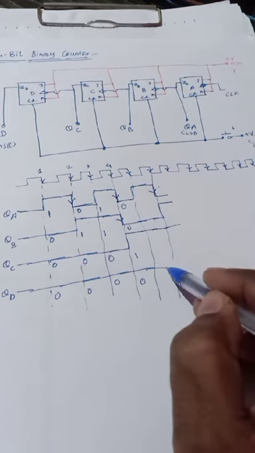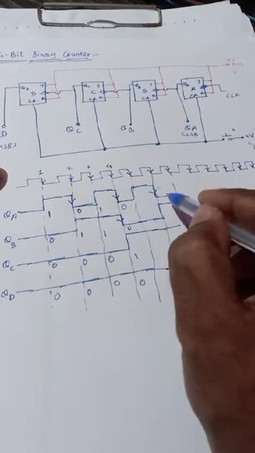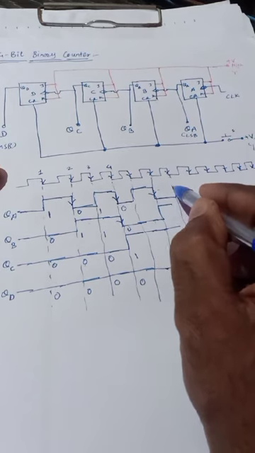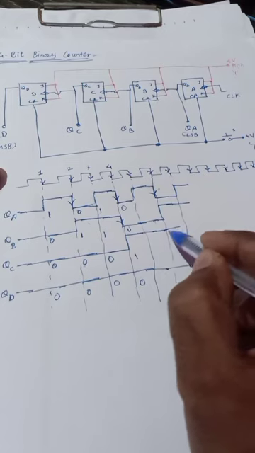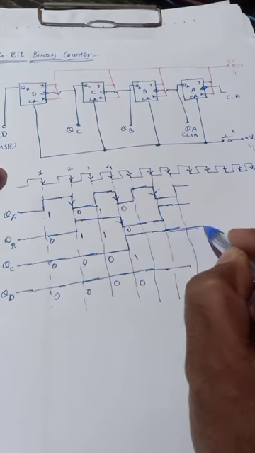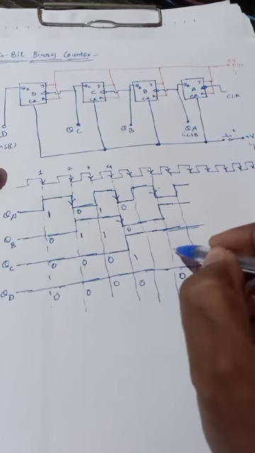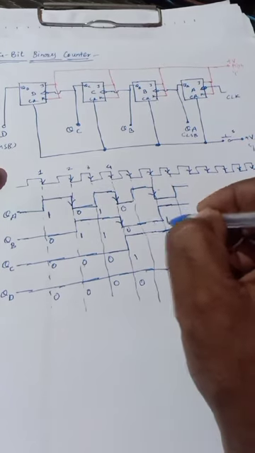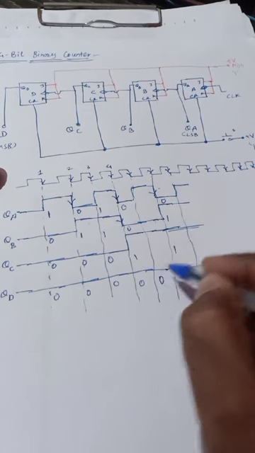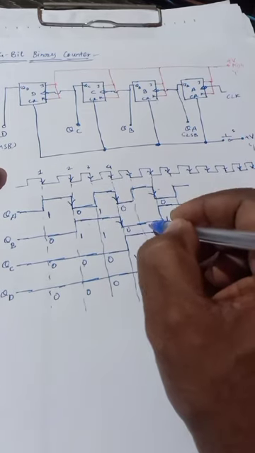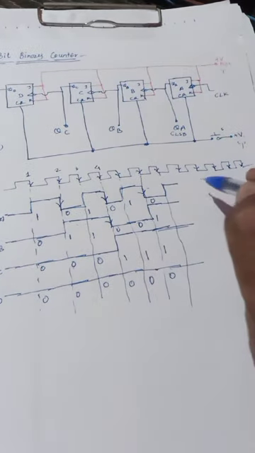At the arrival of the next clock, it toggles, rising edge, no change. So the output is now 0 1 1 0, which is 6, and 0 1 0 1 is equivalent to 5.